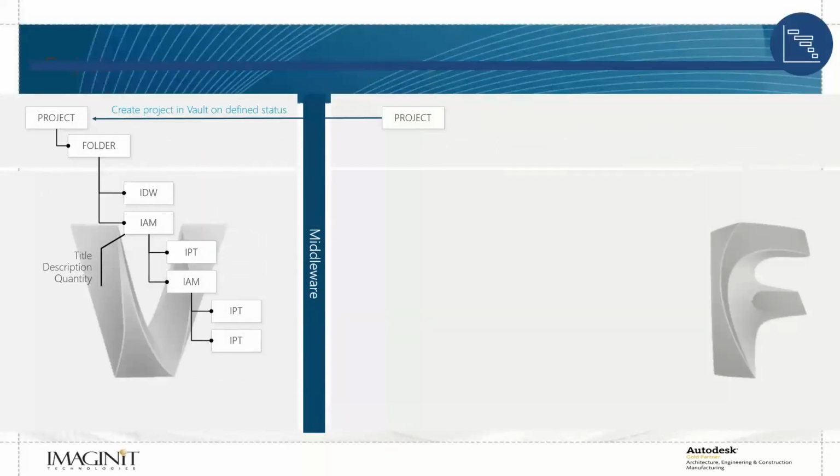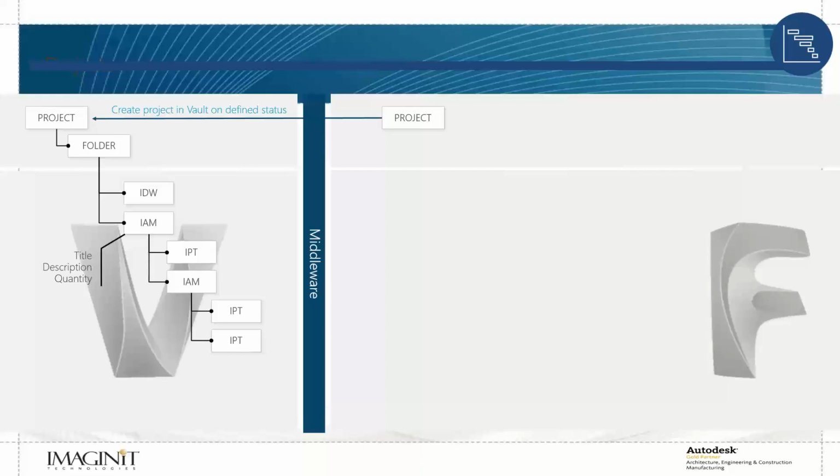Once that project information reaches a certain state, which you can determine, it would automatically create a folder in Vault, linking that project information together. It would then be up to the user to populate it with the drawings, the assemblies, and the parts that go along with it. So once we have a stage gate over in Fusion, it creates a project folder in Vault.